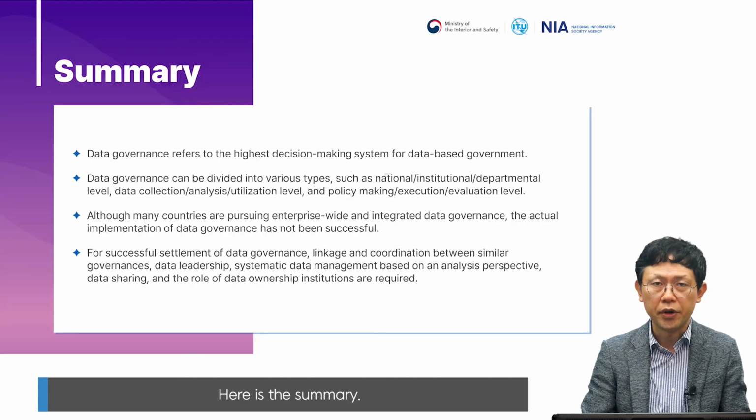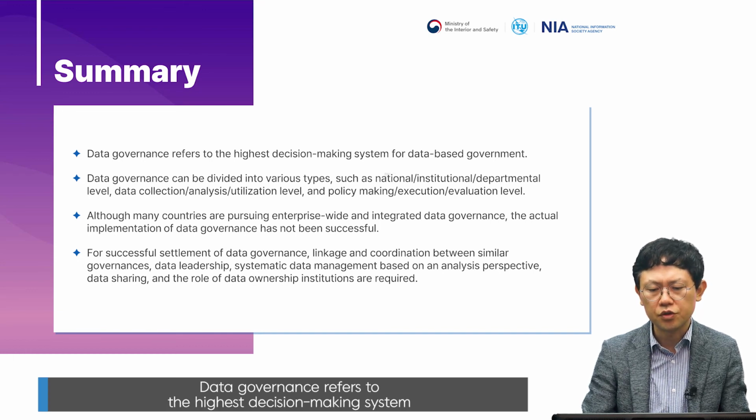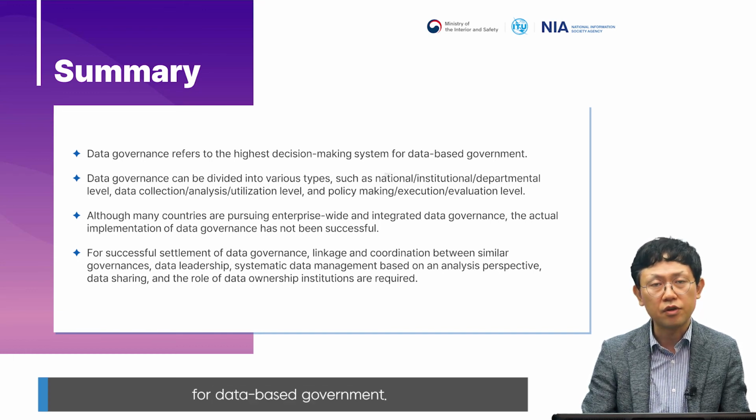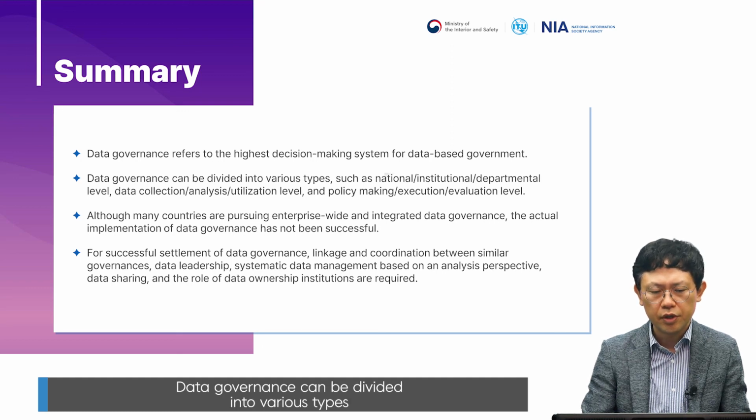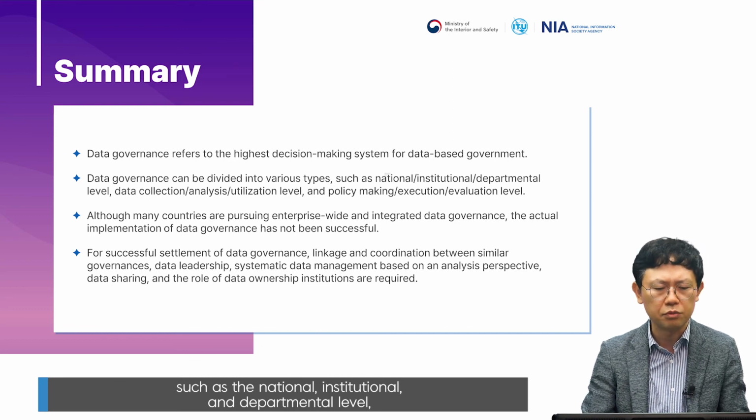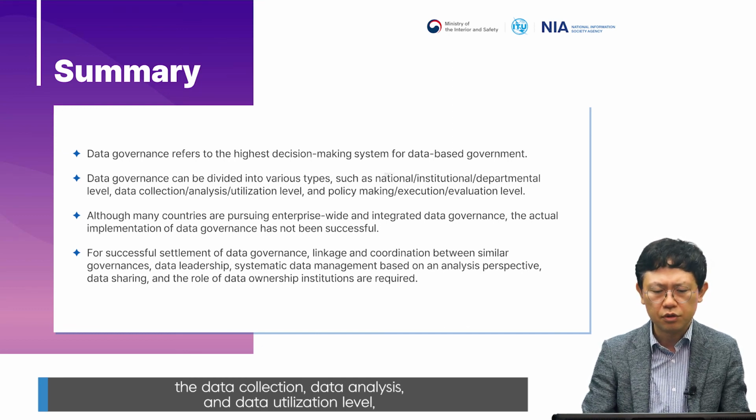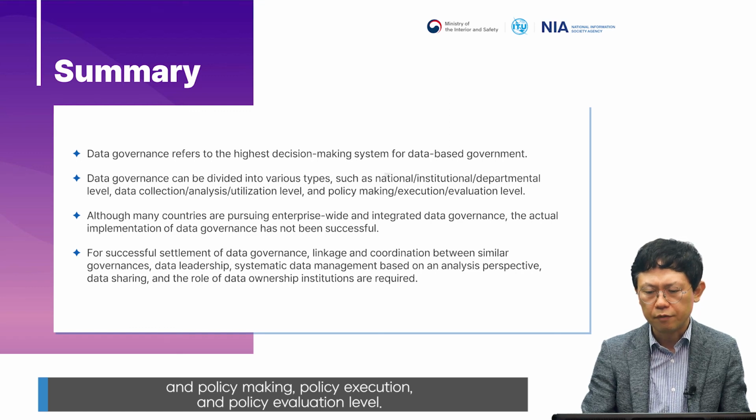Here is a summary. Data governance refers to the highest decision-making system for data-based government. Data governance can be divided into various types such as national, institutional, department level, data collection, analysis, utilization level, and policymaking, execution, evaluation level.